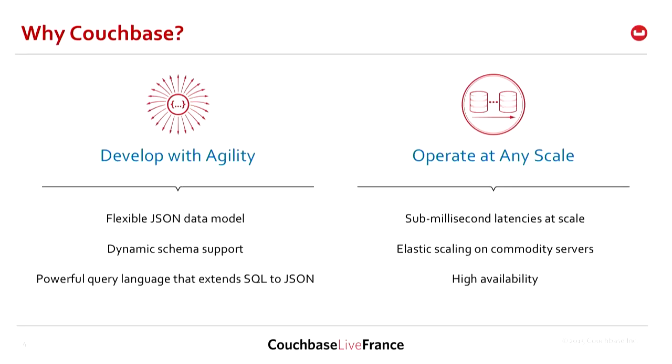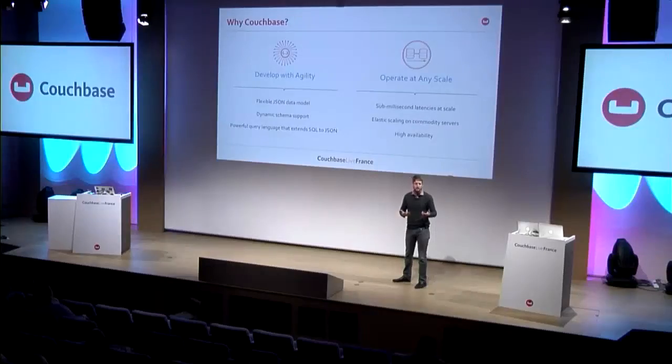All of those dev and ops features come together to really meet the needs of what NoSQL is meant to provide. We believe pretty strongly that Couchbase is the only, or one of the only, NoSQL technologies that can provide both of these together.